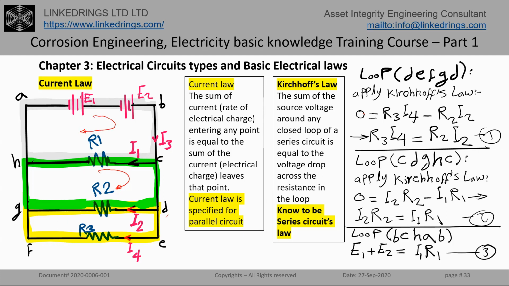So the input voltage is E1 plus E2. Why are they plus, not negative? Because they are in the same direction as the assumed current. So E1 plus E2, the source voltage, equals the voltage drop, which is I1 R1. This is equation number 3.